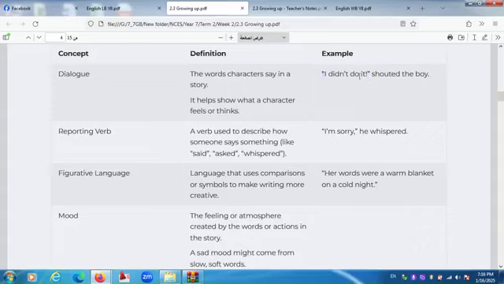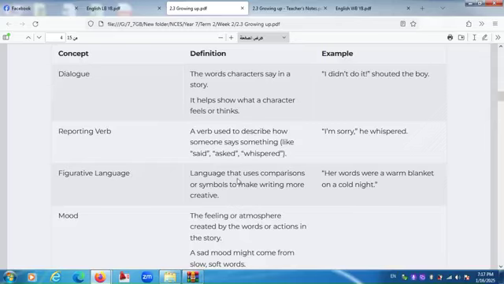It is a dialogue or a direct speech said by somebody. I have to say, shouted the boy, said the boy, yelled the boy, etc. Reporting verb: a verb which is used to describe how someone says something, like said, asked, whispered, murmured, muttered, and so on. I'm sorry, he whispered. So the verb whispered is a reporting verb. I didn't do it. It's a dialogue or a direct speech.